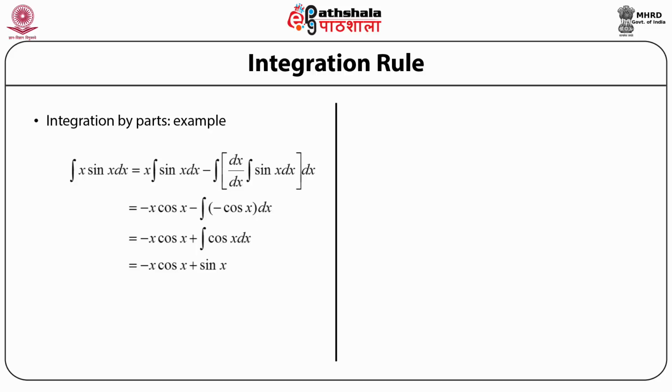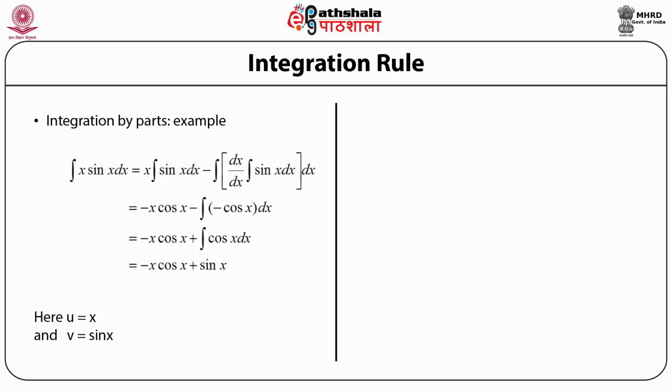The second term inside the square brackets is going to give us minus cos x. Then integrating minus cos x dx gives us minus sin x. So totally it is going to be minus x cos x plus sin x. Here u is equal to x and v is equal to sin x.